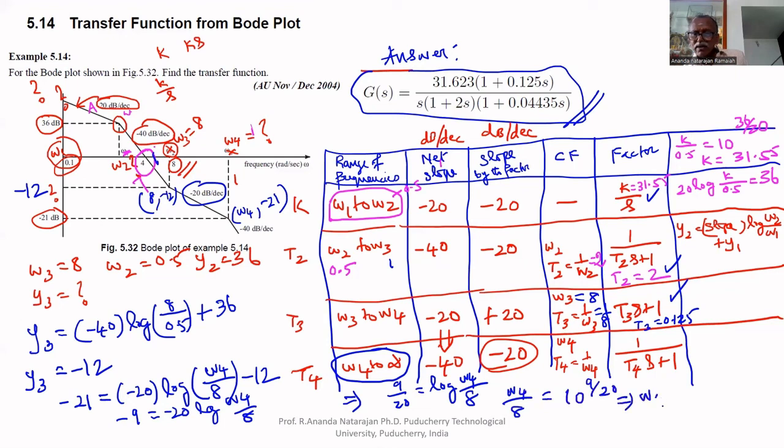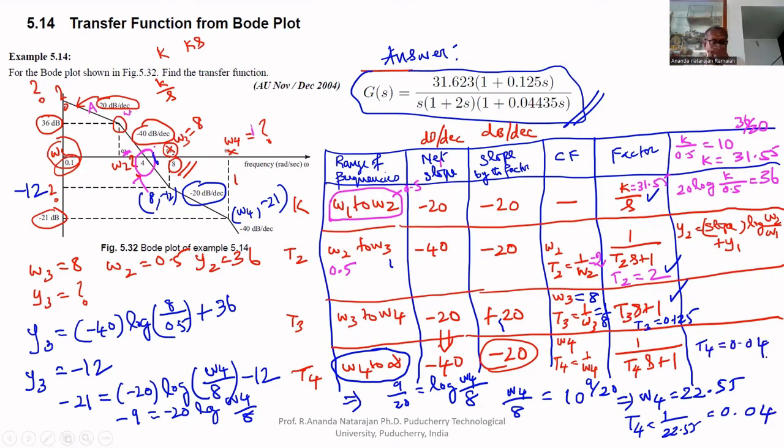This implies omega 4 equal to 22.55. Therefore, T4 equal to 1 by omega 4. T4 equal to 1 by 22.55 equal to 0.04.